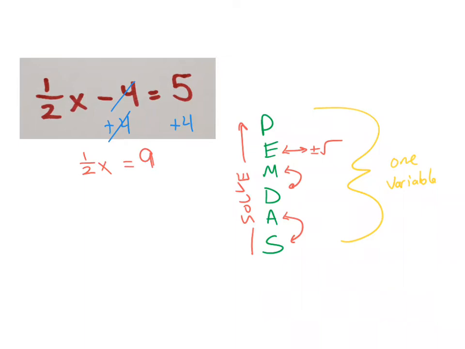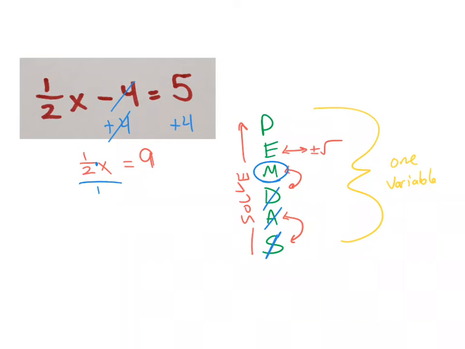Now I'm going to look and see what I have left. There is no more subtraction, since I took care of it, and I don't see any addition. You could look at the fraction as division, but I'm going to look at it as multiplication right now, just to make everybody's life a little bit easier. I'm going to say it's 1/2 times x. How do I get rid of multiplication? I have to divide.